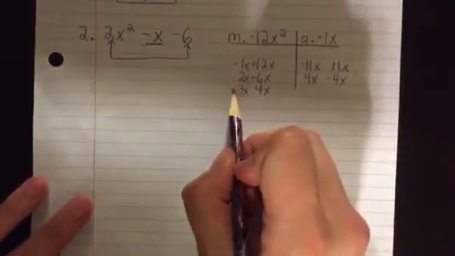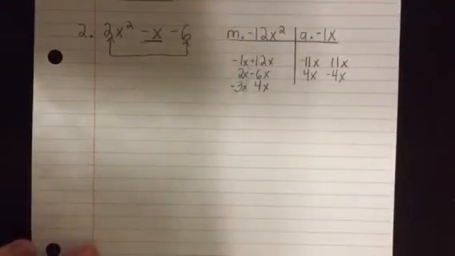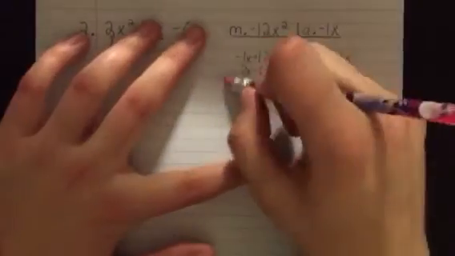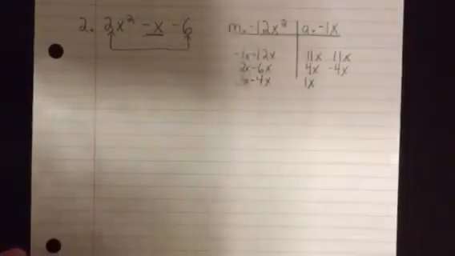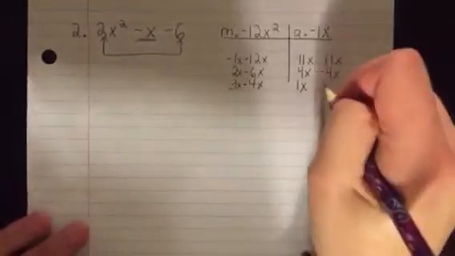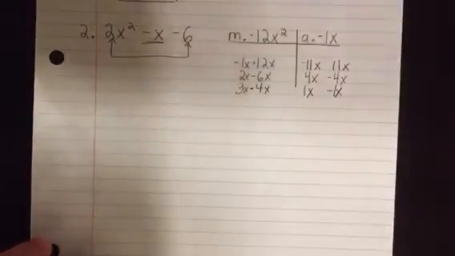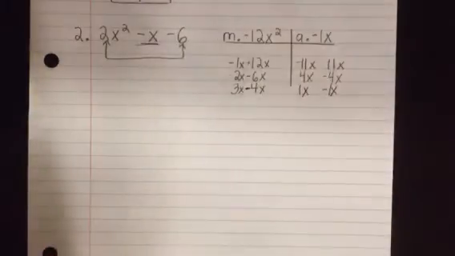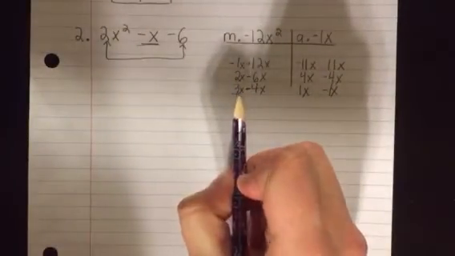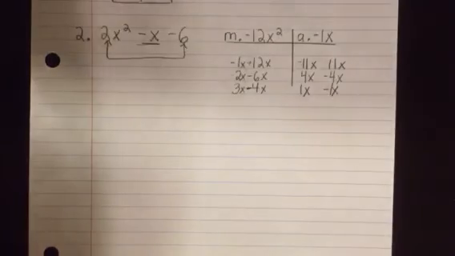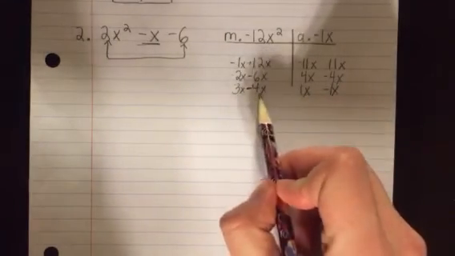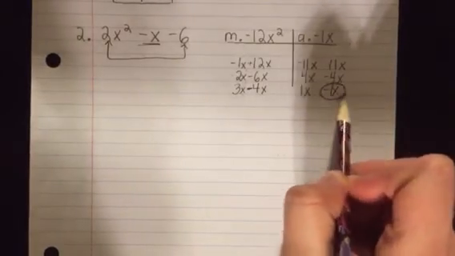So if I make 3 negative and 4 positive, that would add up to 1x, getting closer. If instead I make the 4 negative and the 3 positive, then that would add up to negative 1x. So it's got to be that the 3 is positive and the 4 is negative, because 3x times negative 4x equals negative 12x squared. But when I add 3x minus 4x, it equals negative 1x.